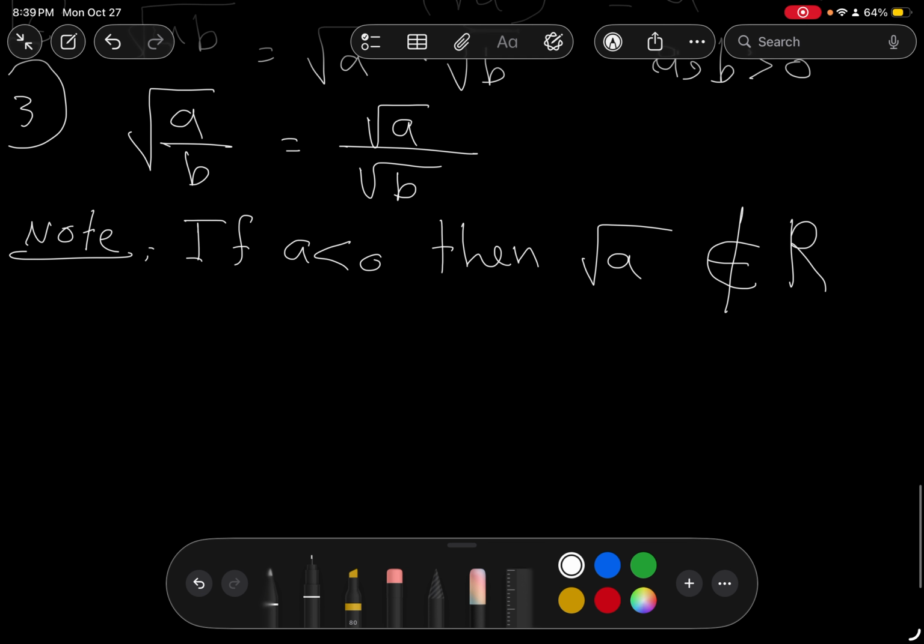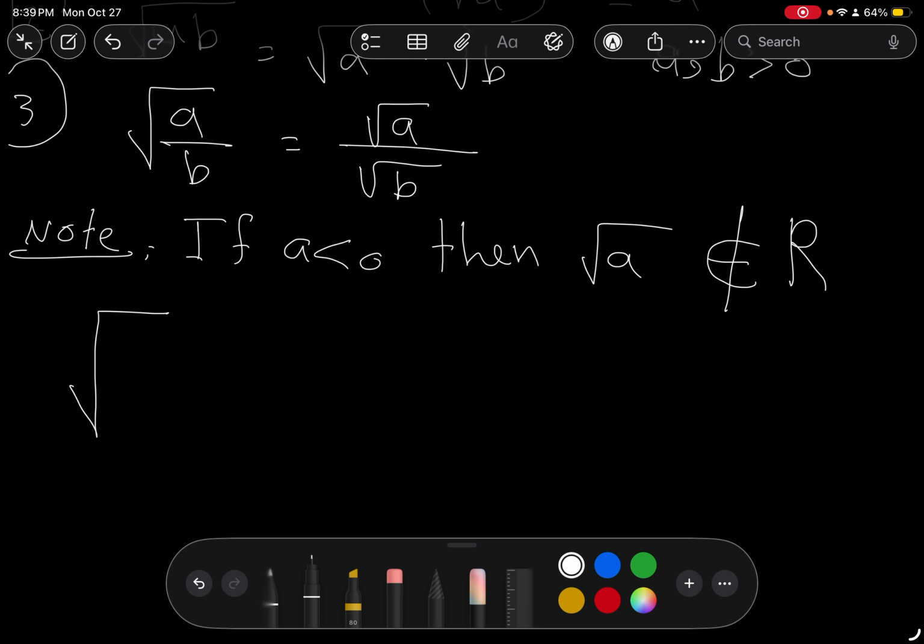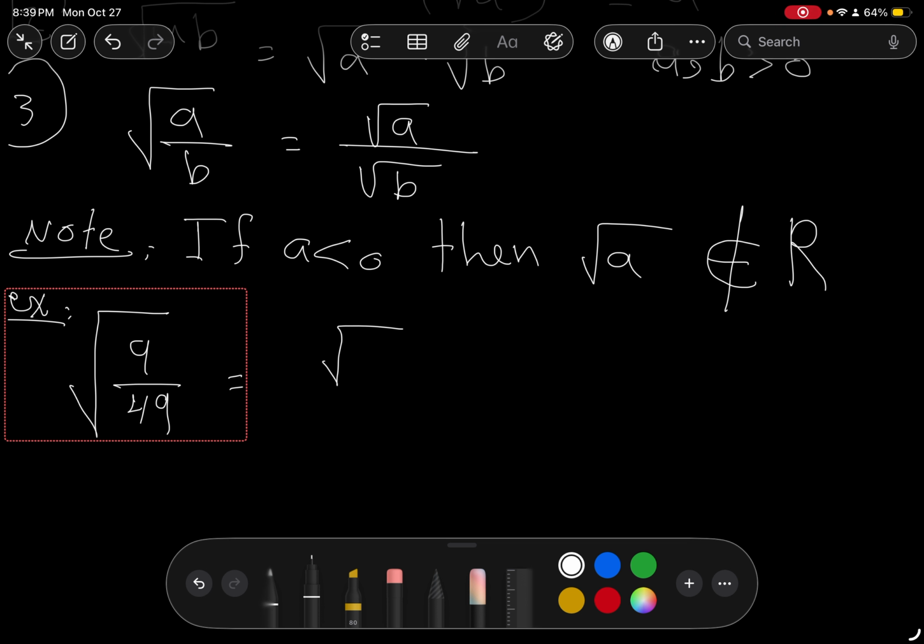So, for example, for instance, the radical of 9 over 49 equals. We should separate the radical first.